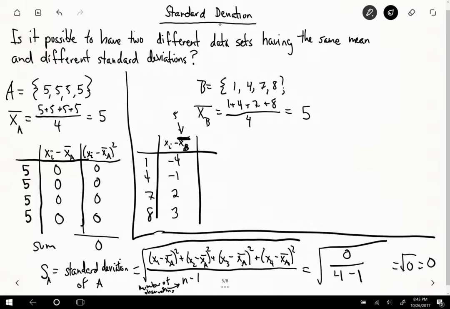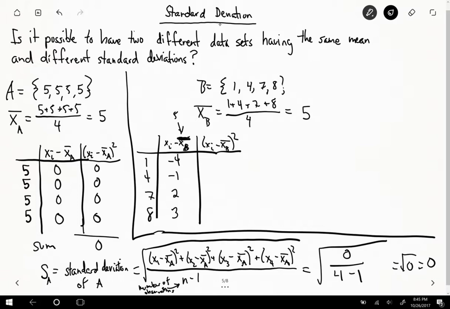And notice if you were to sum up all these as is, you get -5, +5, oh wait, that's back to 0. So that's why we don't just add them up straight away, and that's why we look at the squares of these differences from the mean. It's talking about spread away from the mean, and the way we can get to that is the squaring here.